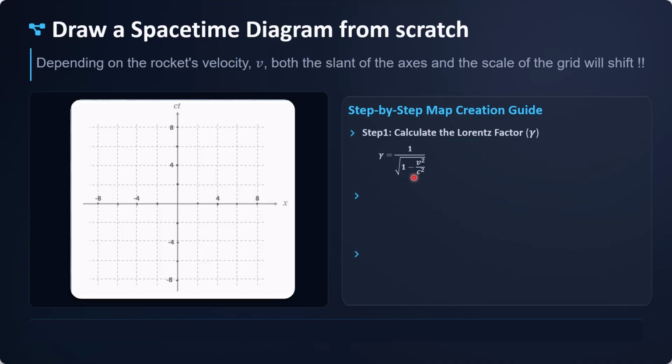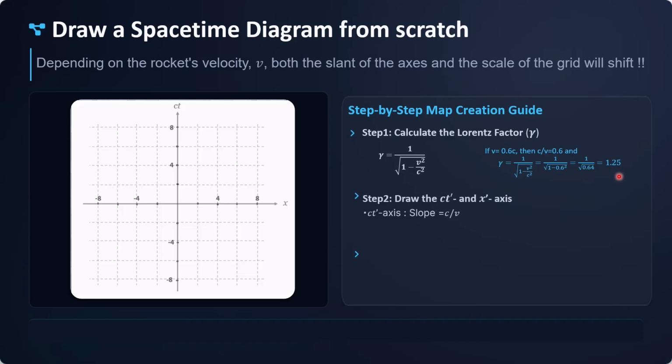Look at the equation on screen here. For example, as shown on the slide, if the rocket speed is 0.6 c, then v/c equals 0.6. Plugging that in gives gamma equals 1 over the square root of 1 minus 0.6 squared, giving us exactly 1.25. Once velocity v is decided, gamma is fixed.